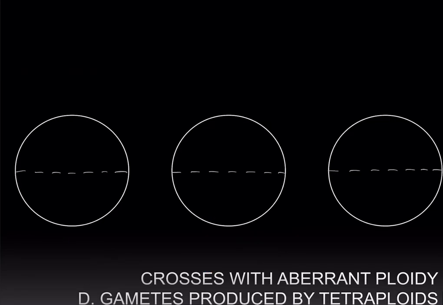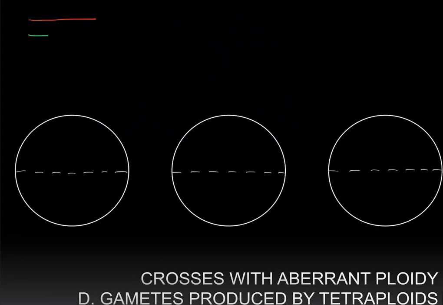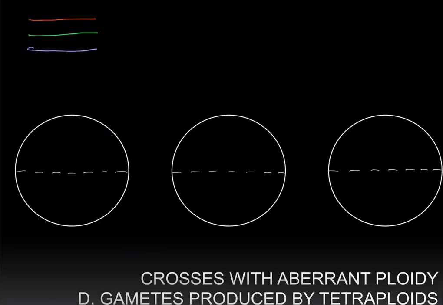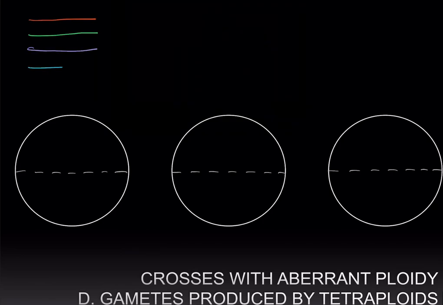Let's compute the genotypic proportions of the gametes from a tetraploid. So we have 4 chromosomes here. And recall that during meiosis, there are 3 ways that these chromosomes can pair up.